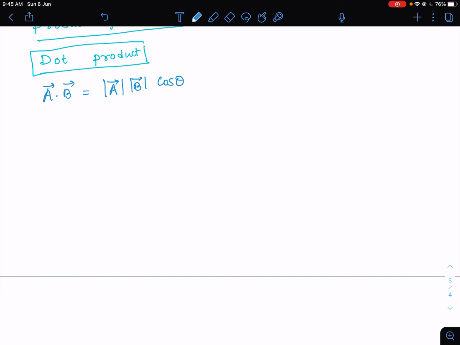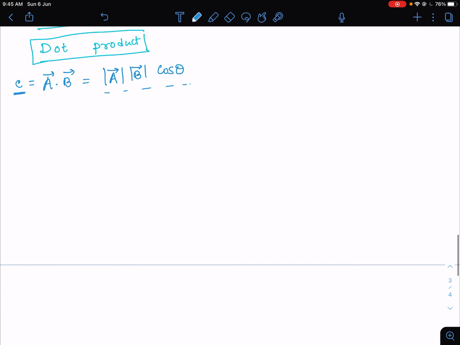Let's say the result C is the dot product of A and B. This C has no direction, it is only magnitude.